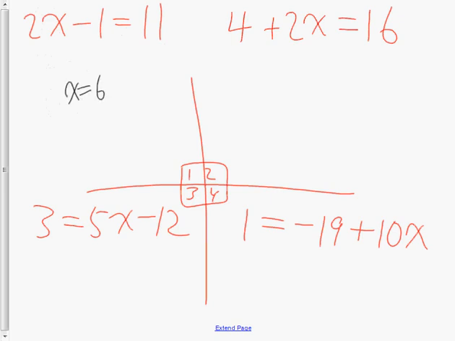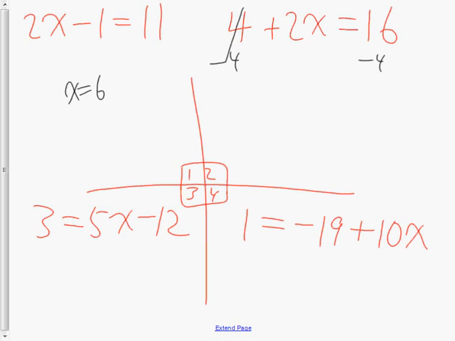In the second one, the difference is your constant is up front, and this over here is where your variable is, and we always know this is the coefficient because it's attached to the variable. And your other part is your constant, your plus or minus part. So that's a positive 4 plus 2x is equal to 16. So I'm going to subtract 4 from both sides.